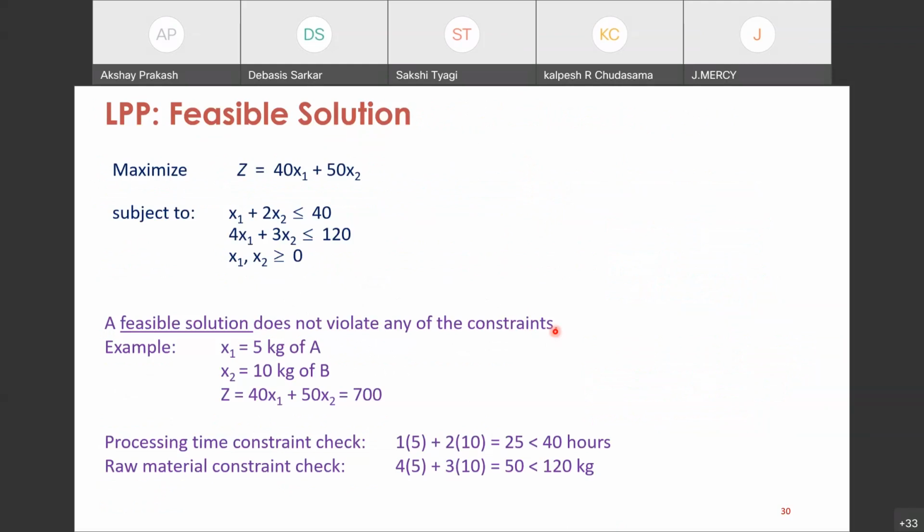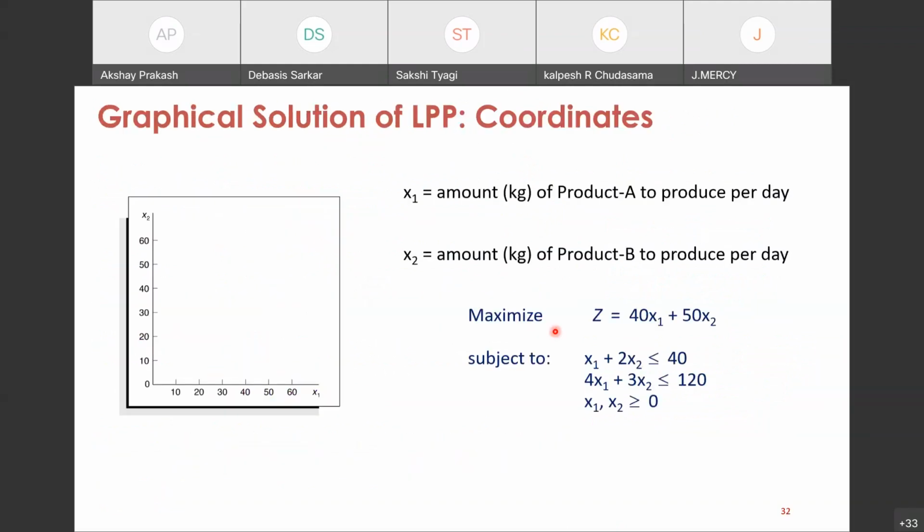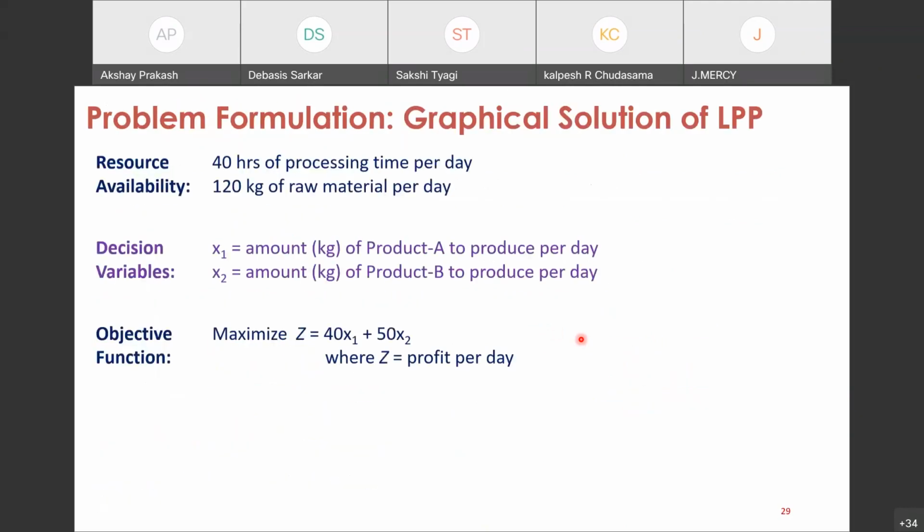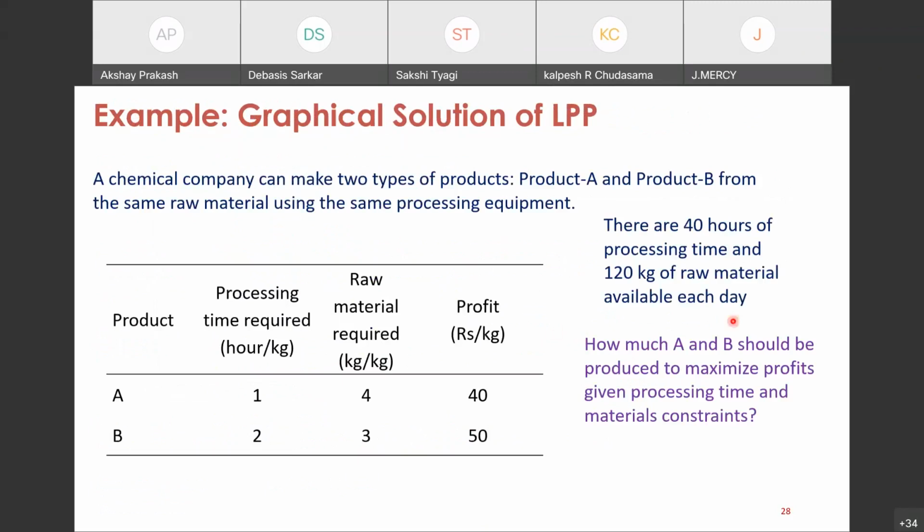Okay. So let us start here. Let me read the problem. Let us not waste time with the formulation; we have seen examples of formulation.